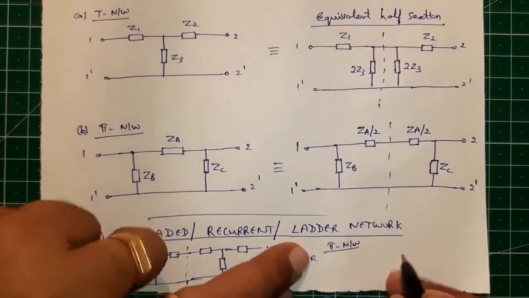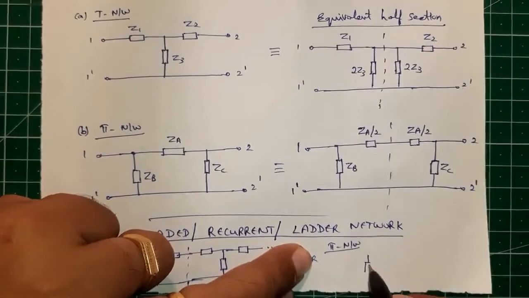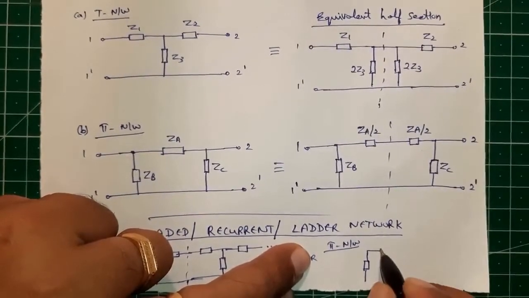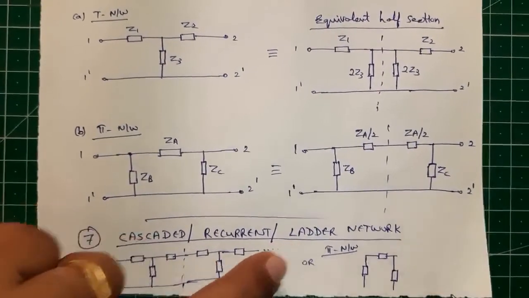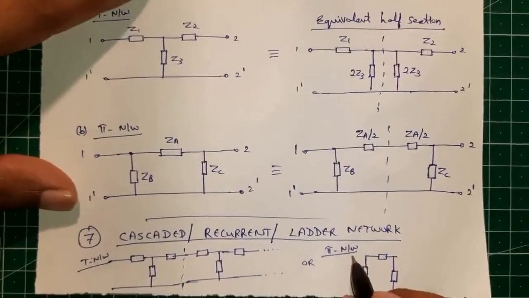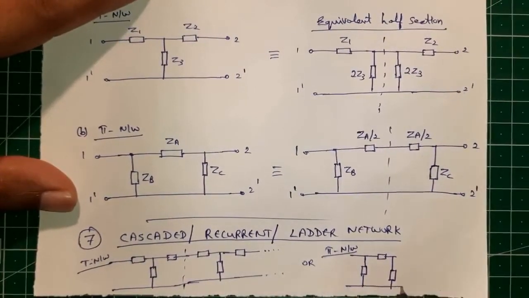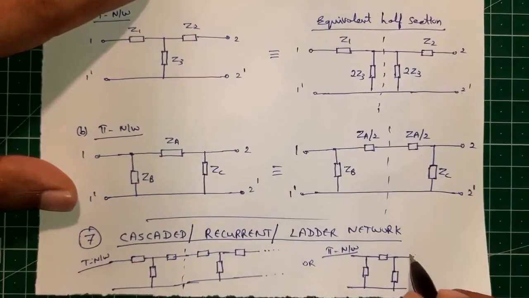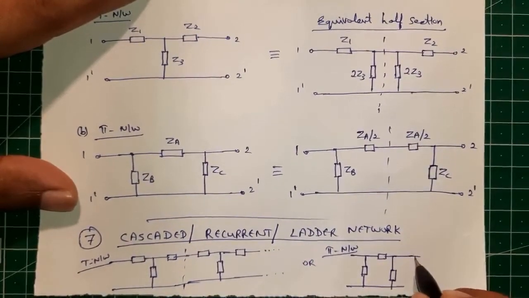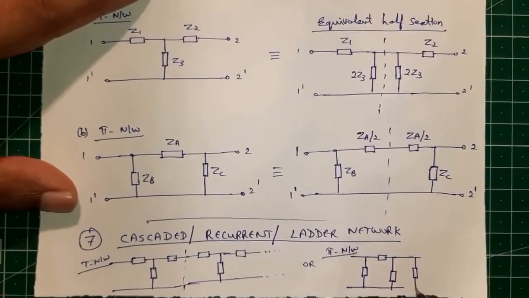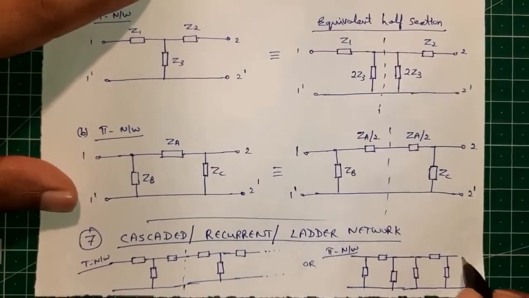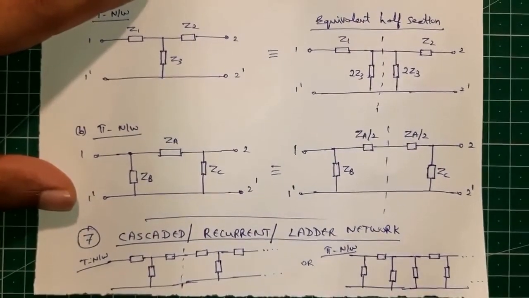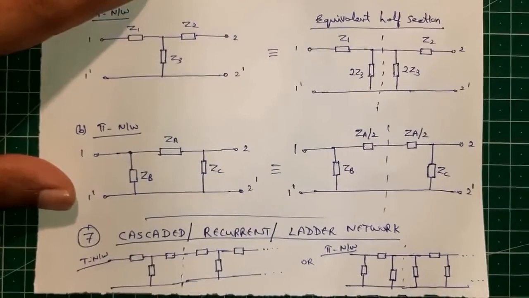Like I have one pi network here. I have one pi network here. Then it's cascaded with another pi network like this. Like this it can go. So this is cascade network.